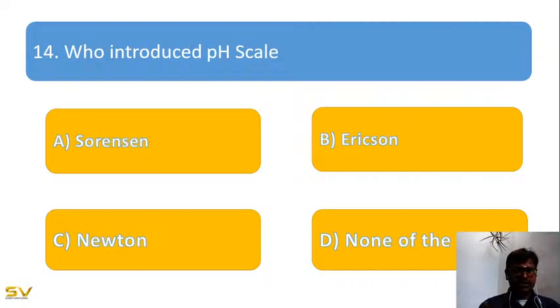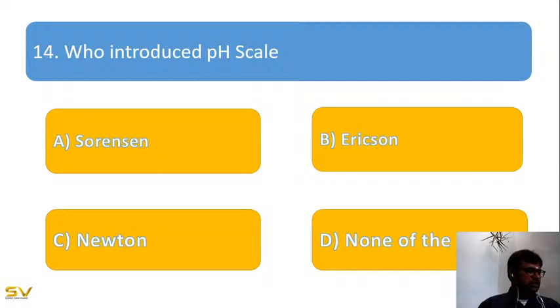The scale numbering is 0 to 14: less than 7 it's acidic, greater than 7 it's basic, equal to 7 it's neutral. And your options are option A Sorensen, option B Ericsson, option C Newton, option D none of the above. So who introduced the pH scale?